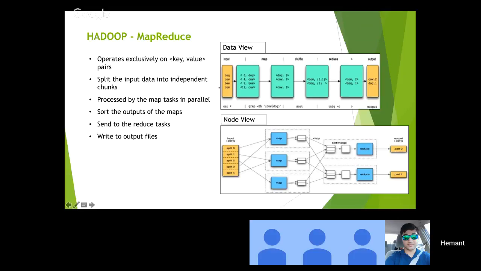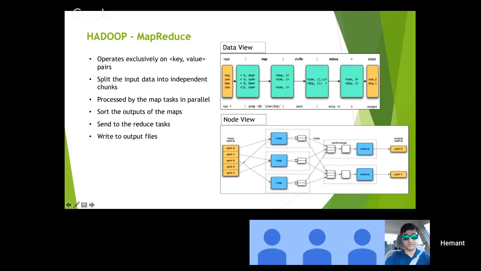So basically it takes all the work, splits it into chunks, and gives it to the nodes to process, and once the results are there, like you can see here in the cow and dog example, it reduces it to cow has 2 counts, dog has 1 count, and that's the output it saves. So that is the main architecture of Hadoop map and reduce.